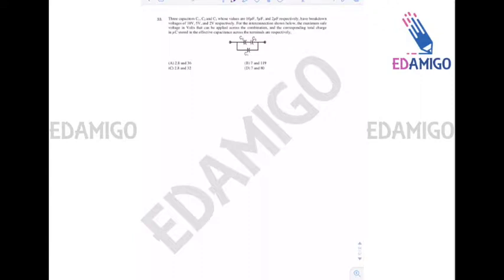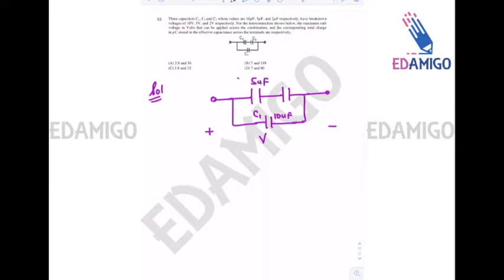Here it is given that there are three capacitances connected as shown in the figure. Let us say the voltage across this is V. It is given that this is 10 microfarad, this is C1, this is 5 microfarad, this is C2, and this is 2 microfarad, this is C3.